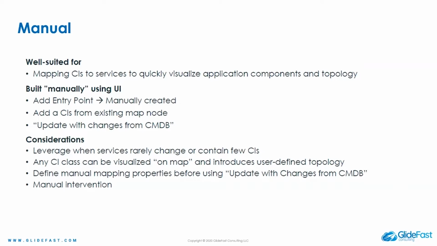This is different compared to the dynamic CI group, where you're just getting a list of CIs, no hierarchy. With manual, you can set up some hierarchy. Again, it's not recommended because you're going to have manual intervention. As soon as that map is saved, it could potentially be out of date. Infrastructure could change; maybe they added a new server or took out a server. Not recommended, but it does have some value in certain scenarios.